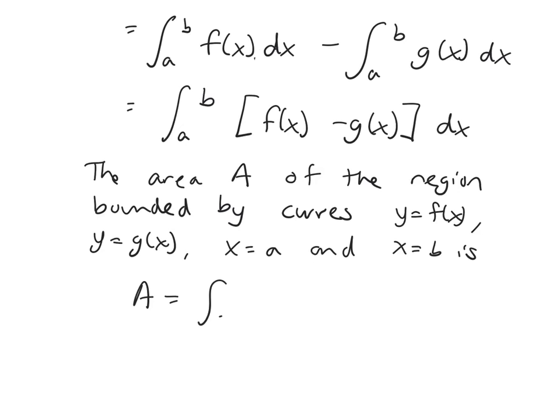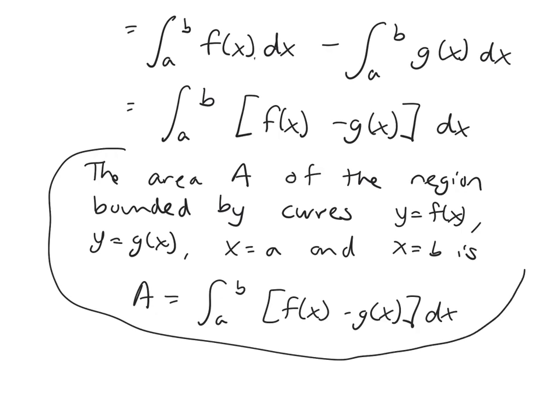A is the integral from a to b of f of x minus g of x dx. Okay, so this is how we're going to find area between two curves or between two functions.